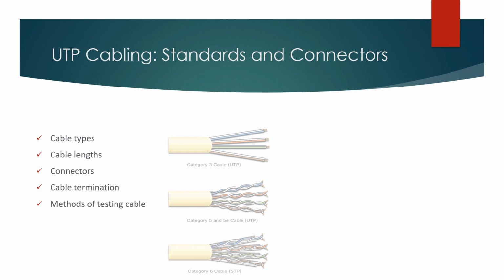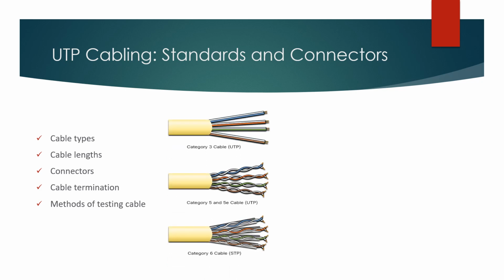And as you can see in the figure, there are three categories of UTP cable, where Category 3 was originally used for voice communication over voice lines, but later used for data transmission. Category 5 and 5E are used for data transmission, and Category 5 supports 100 megabits, and Category 5E supports 1000 megabits per second.